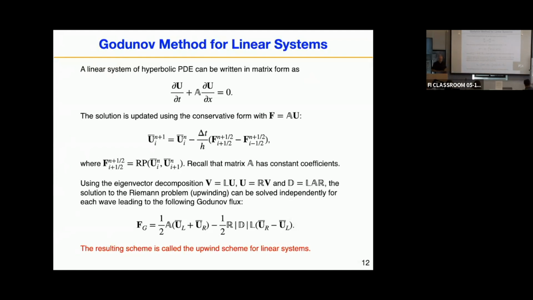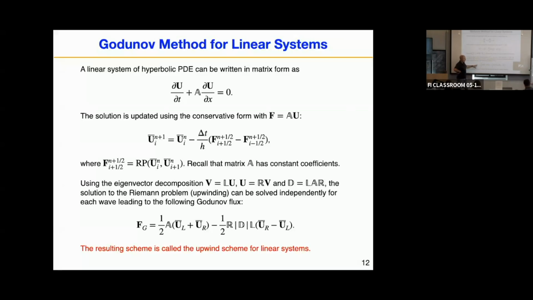So you can now solve each of these three independent linear problems independently, and we know how to do that. It's the upwind solution. Once you have solved the Riemann problem in this eigenvector basis, you go back to the original basis and you get the Godunov flux.